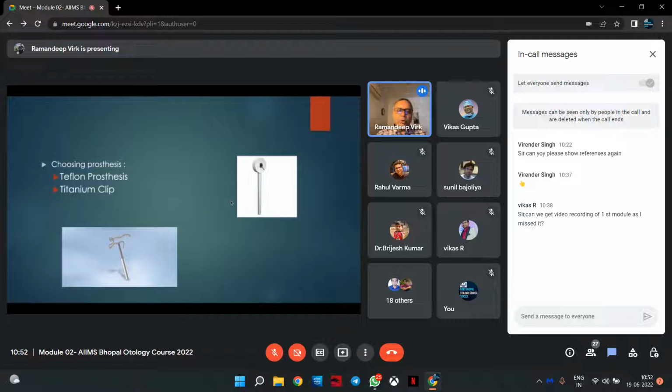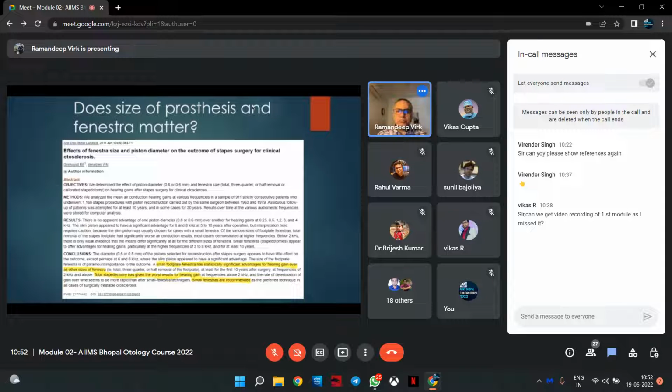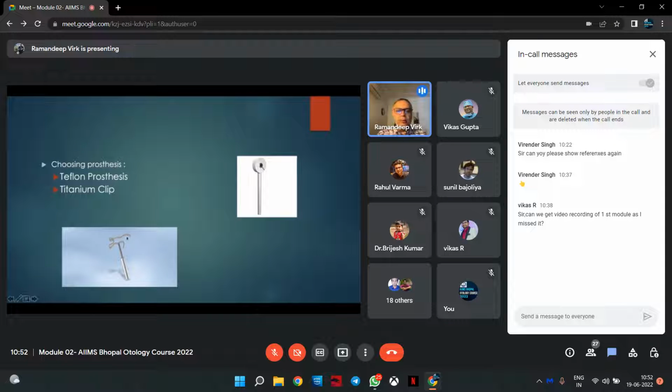But this titanium prosthesis has two loops, the front loop and the second loop, which finally clamps on to the incus. So when you insert the prosthesis, in the first go, you put it in the stapedotomy opening and just let this first hook hang over the incus, right?